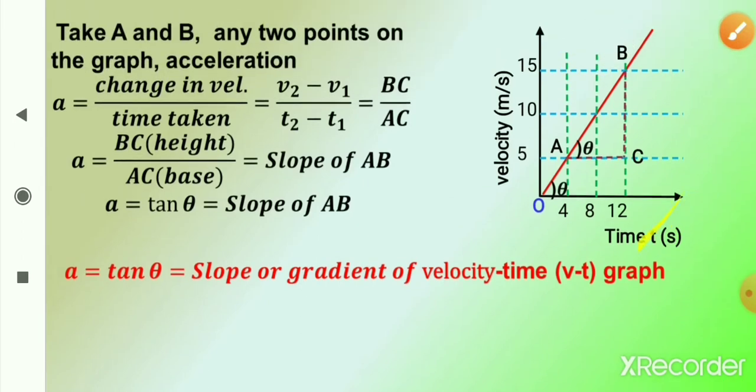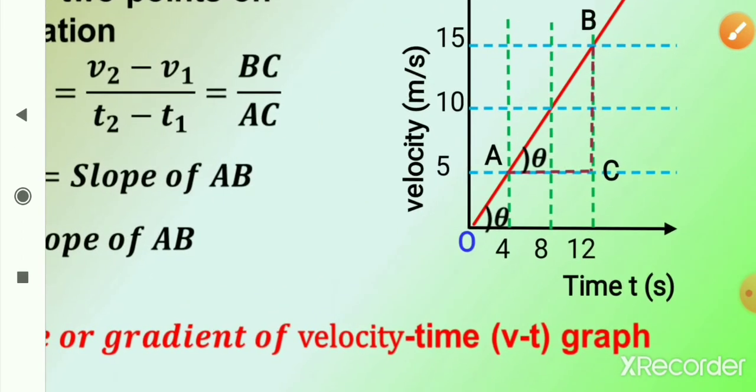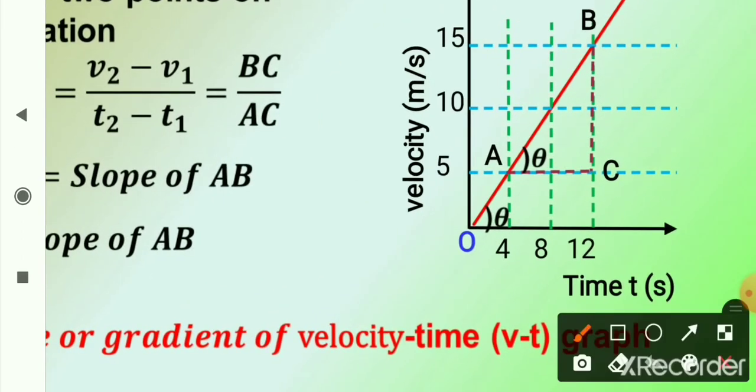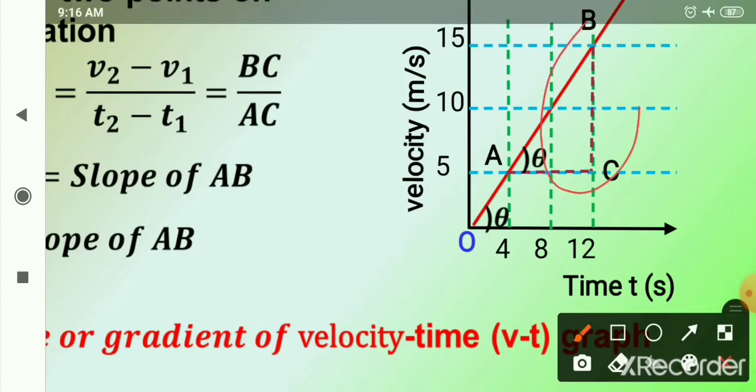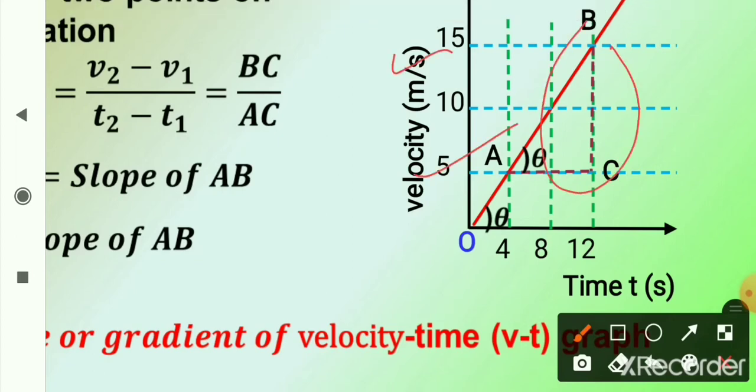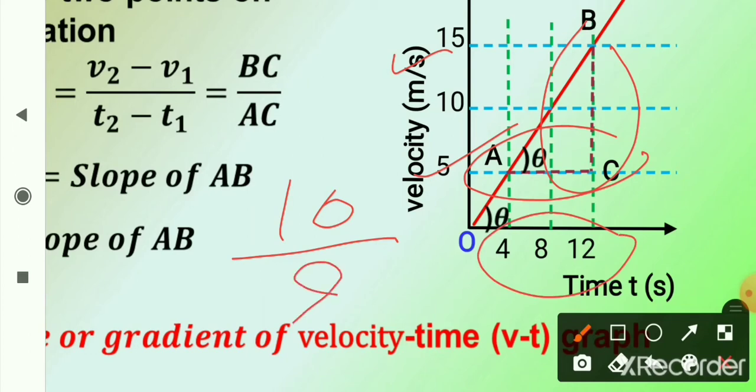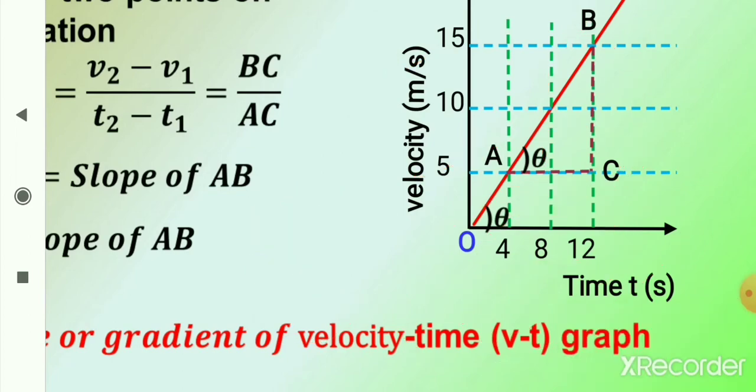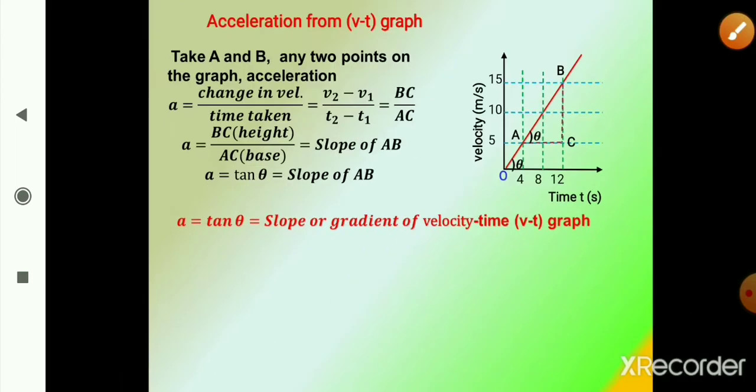Now, for this particular case, say this BC is equal to 15 minus 5, that is 10. Change in velocity upon AC is equal to 12 minus 4, it is 8. So 10 upon 8 meter per second square. You can simplify it. So this way you can calculate acceleration.